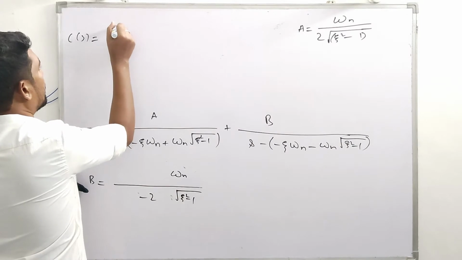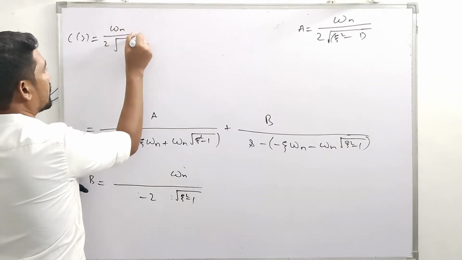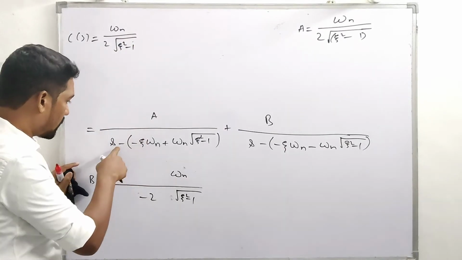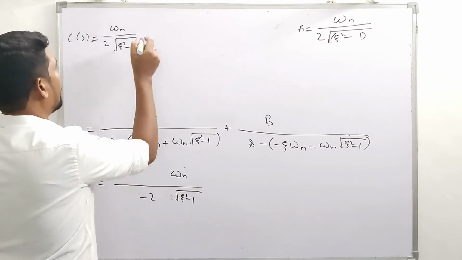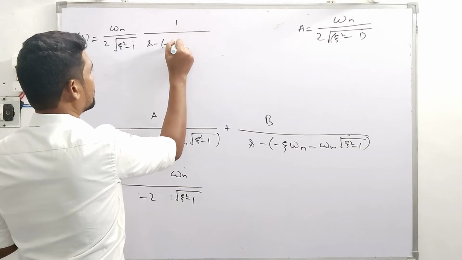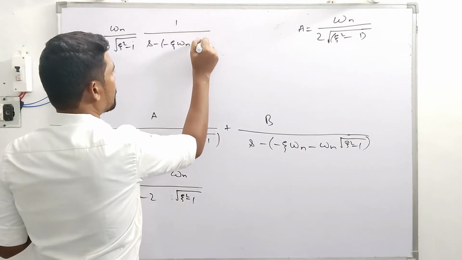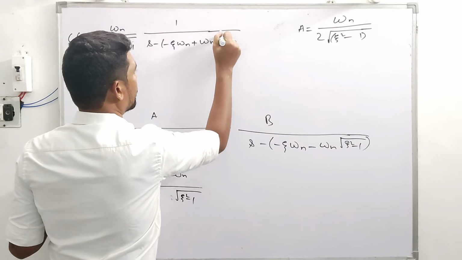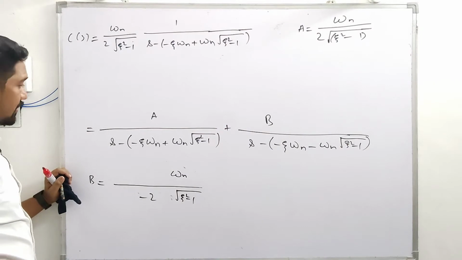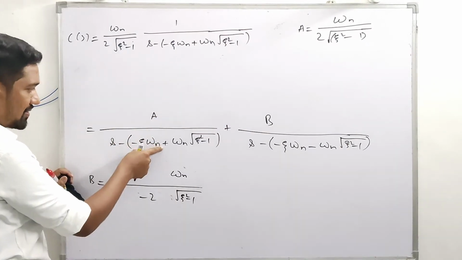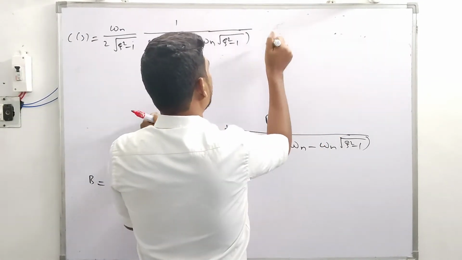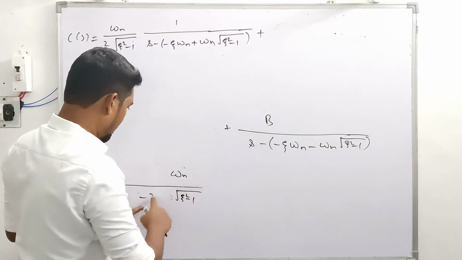It's omega n upon 2 under root zeta square minus 1, and this one as it is, 1 upon s minus a, this entire term, 1 upon s minus of minus zeta omega n plus omega n into under root zeta square minus 1, as it is. Only in the place of a we have plugged in that one, so this is done, and a also is plugged in.